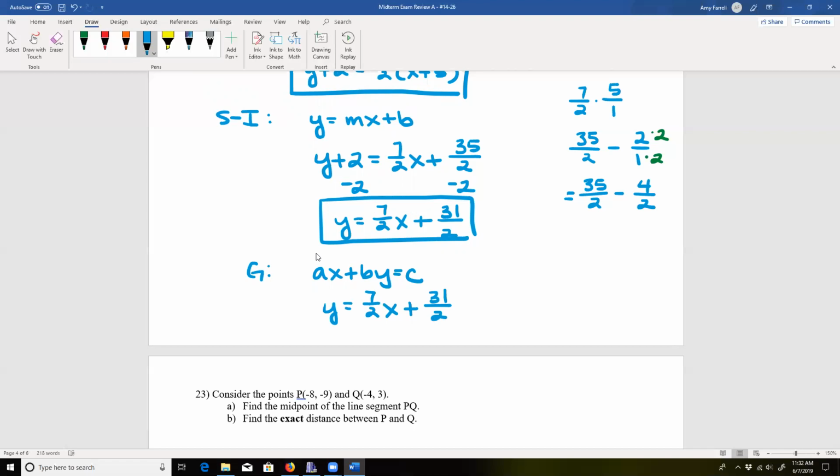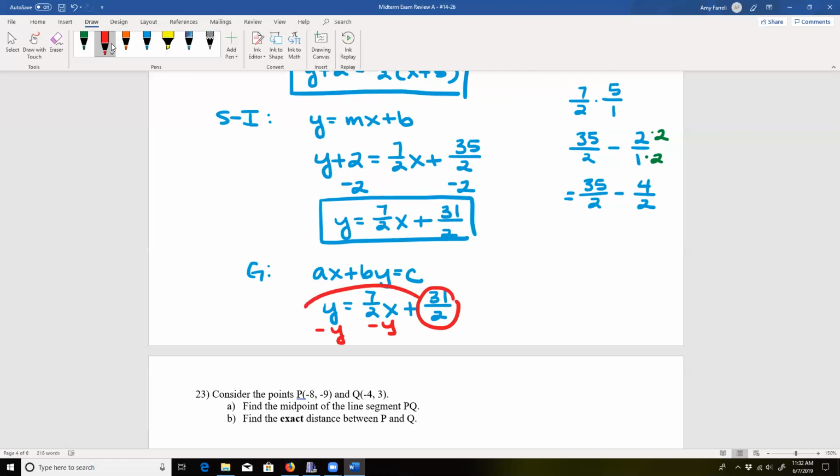Technically, in proper general form, the x is the first variable, and we try to keep its coefficient positive. So I'm actually going to choose to subtract the y so that I keep the 7/2x first and keep it positive. And then we want this constant by itself.